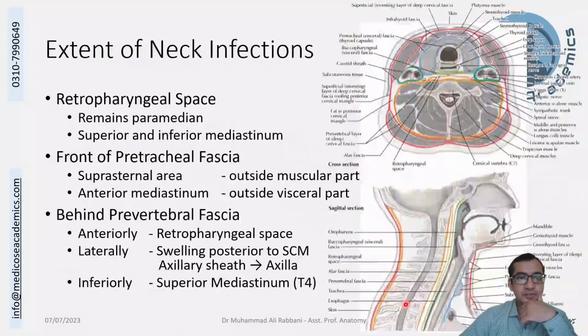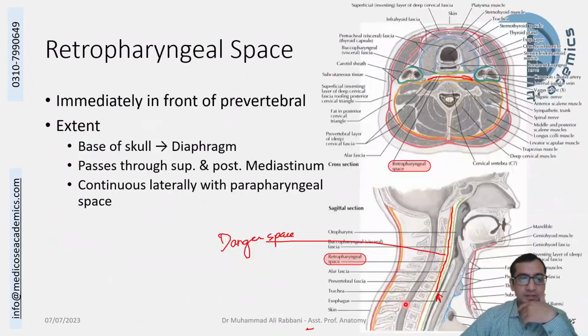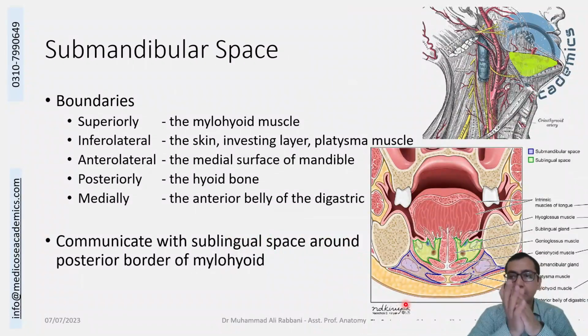I don't have a separate slide for it; I have this slide, so I will go through them here. Let's talk about what the submandibular space is. It will be better explained after we have talked about the triangles, so let me put a pin here. It will be too confusing to talk about it right now.